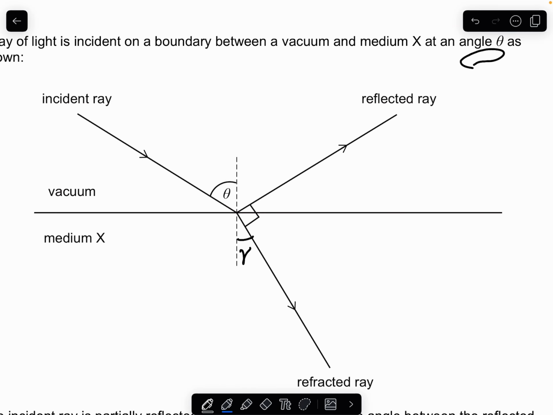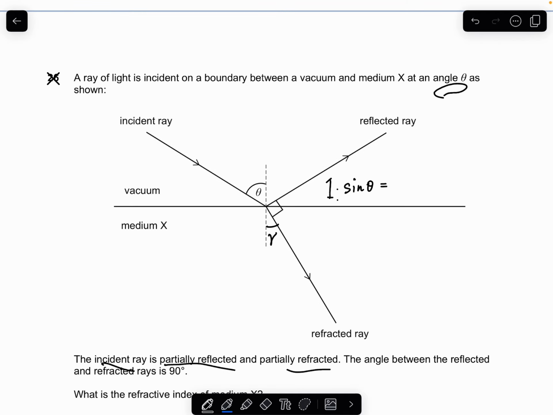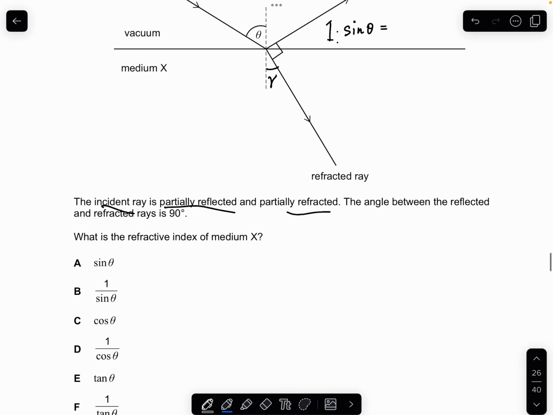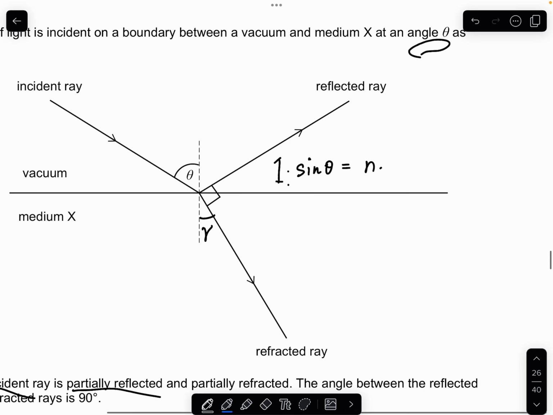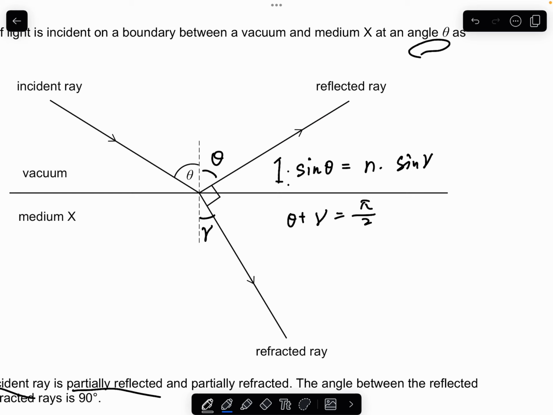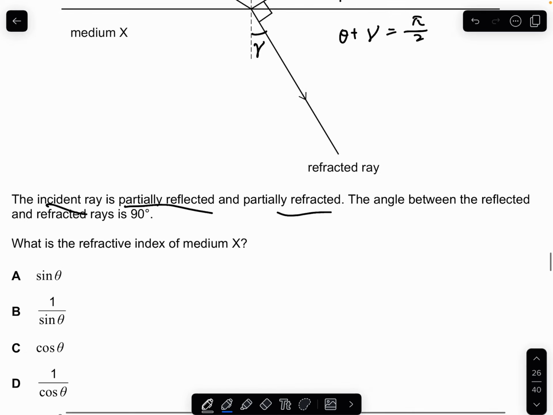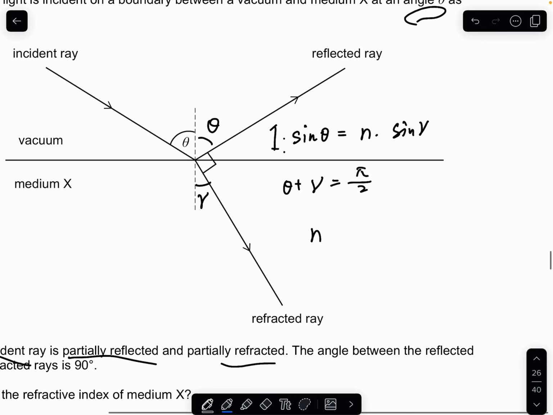So this is gamma, and we have sine theta times 1, which is the refractive index of vacuum, equals, let me see, n times sine gamma, and this is also theta, and so theta plus gamma equals pi over 2, right? n equals this.